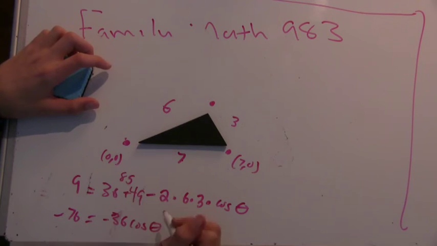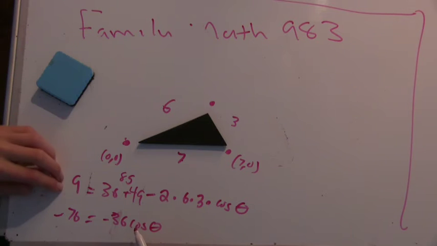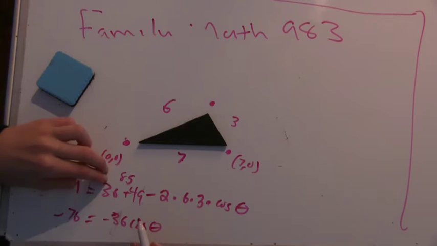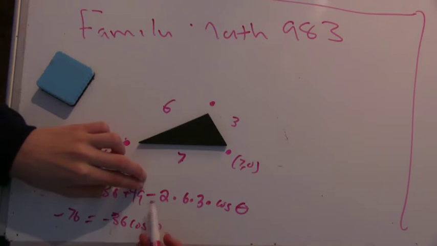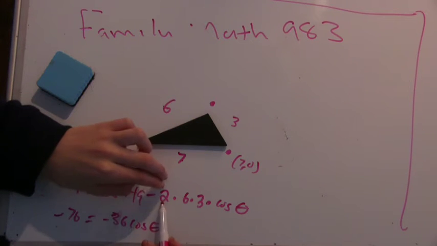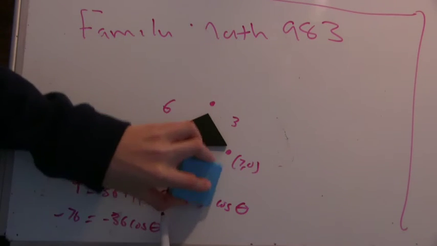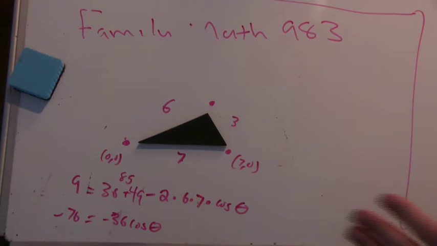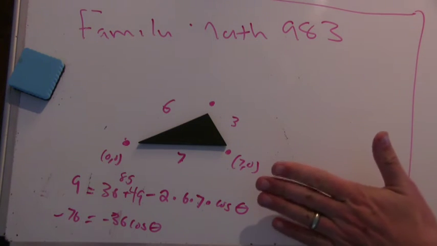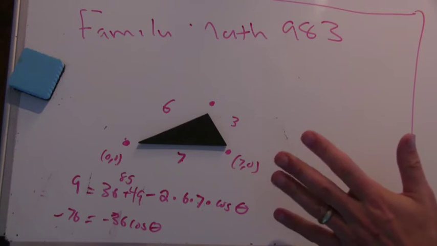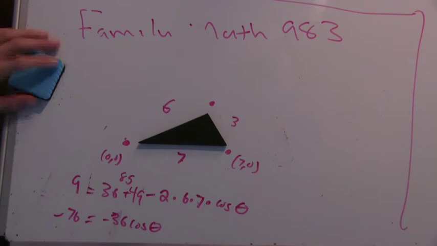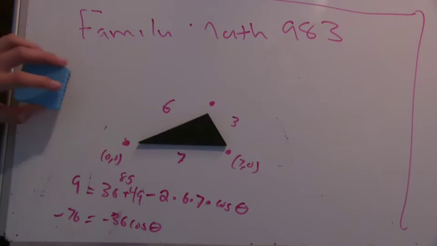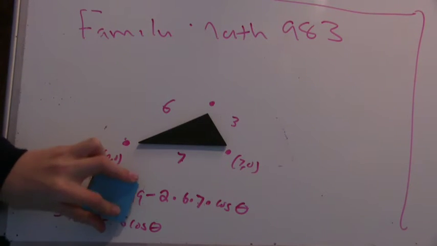So we're subtracting 3 squared. Start from the beginning: 3 squared equals 6 squared plus 7 squared minus 2 times 6 times 7 times cosine theta. Sometimes if you write down a formula wrong in the beginning, it's best to just erase the whole thing and start over.